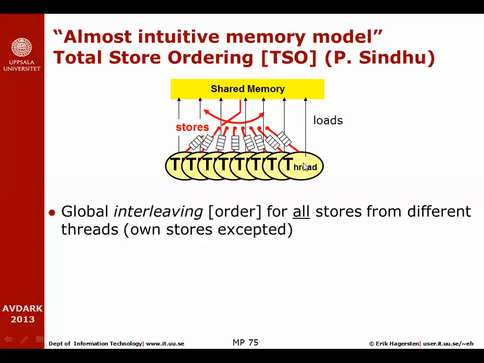But there is no requirement that you have to put all your stores in the global order before you put your loads. Instead, you have this little buffering capability we're going to talk about in a little while. So a store can actually sit and get ripe here in this buffer until the memory system feels like it's time to put it in global order when it's selected by this red mechanism, and then it will be put in the global store order of this memory system.